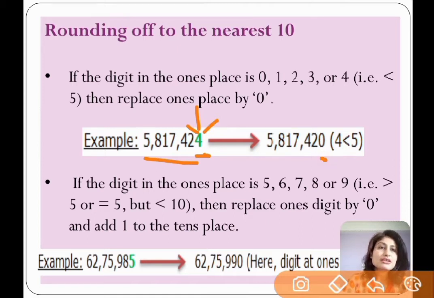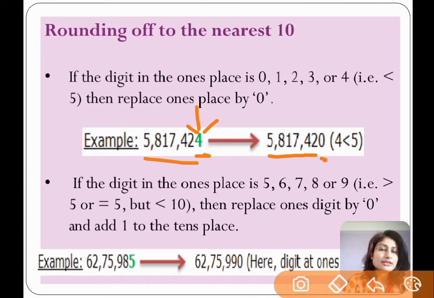So remember this thing, whenever the ones digit is less than 5, then replace the ones digit with 0 and write the other digits of the number as it is. So here the answer is 5,817,420.